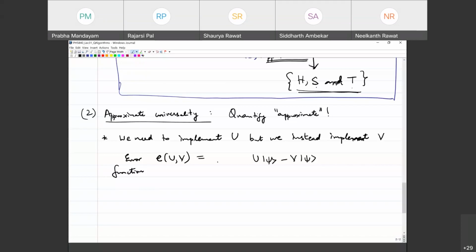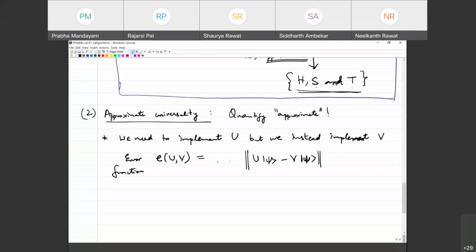Now, obviously, this is not a very well-defined quantity, so I have to take the modulus of this. But more than the modulus, actually, I have to take the norm of this, because this difference is also a state. This is some other vector. And this is for a particular state, with reference to a particular state.